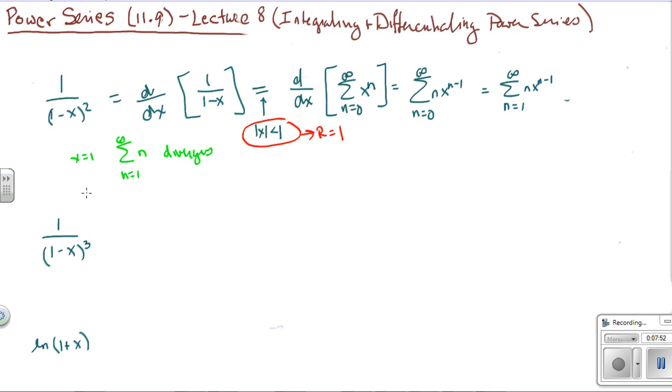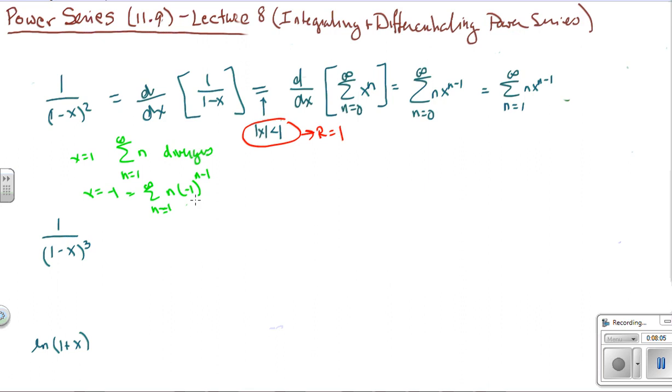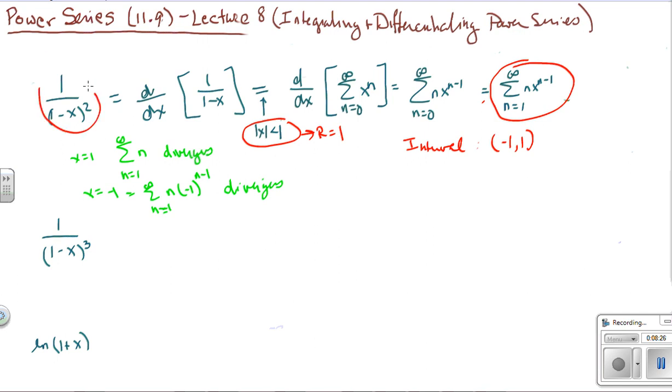And at x equals minus 1, I'm looking at the sum n equals 1 to infinity of n times minus 1 to the n minus 1, which again, that's an alternating series, but the terms don't go to 0, so that also diverges. So the interval of convergence is negative 1 to 1. So this happens to have the same interval. So this here is the power series expansion of this function here around a equals 0 over this interval.